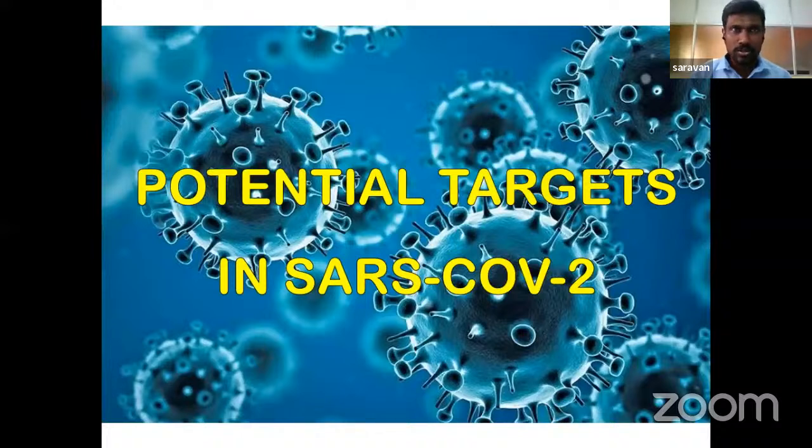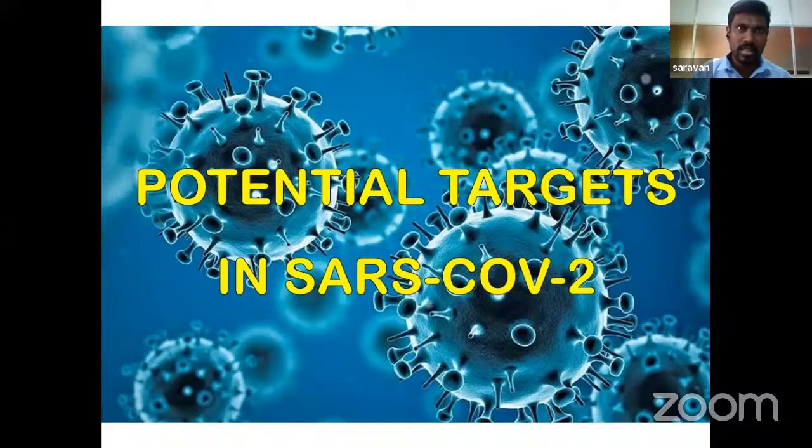So before I move on to my topic, potential targets in SARS-CoV-2, I'd like to share a brief introduction about coronavirus. As we all know, coronavirus disease is defined as the illness caused by the novel coronavirus, which we call novel COVID-19. The Coronavirus Study Group of the International Committee on Taxonomy of Viruses has renamed it SARS-CoV-2, Severe Acute Respiratory Syndrome coronavirus 2. In the past two decades, there were two more coronavirus outbreaks that caused severe respiratory diseases.